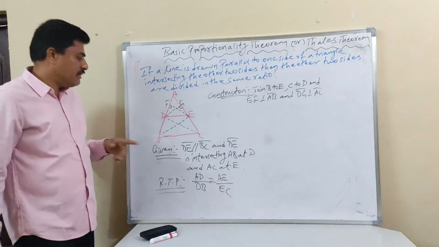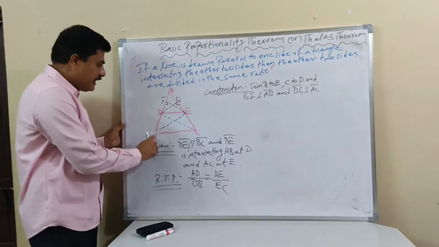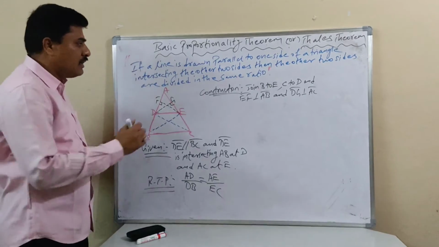Here some construction I have done. I have joined B to E and C to D, such that DBE is one triangle and DEC is one more triangle.